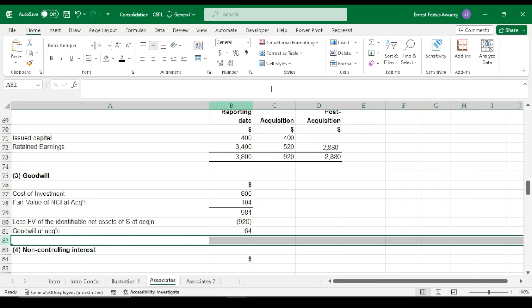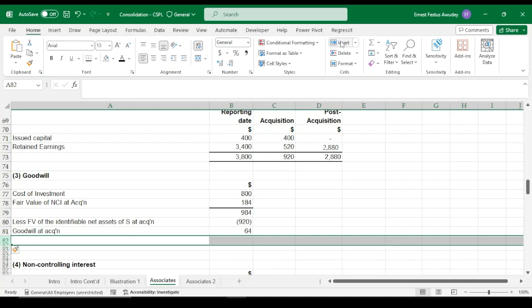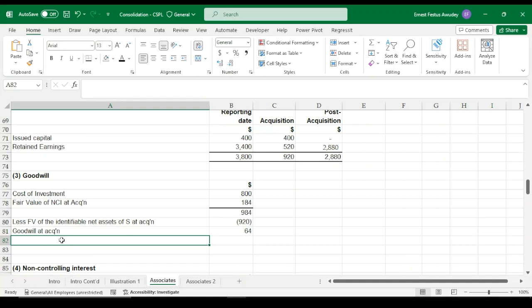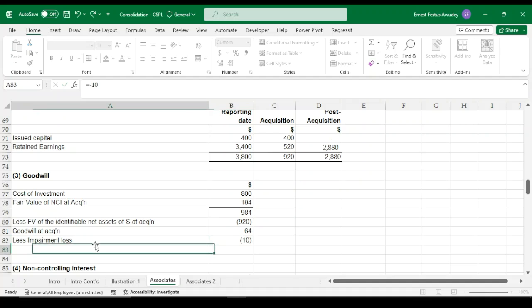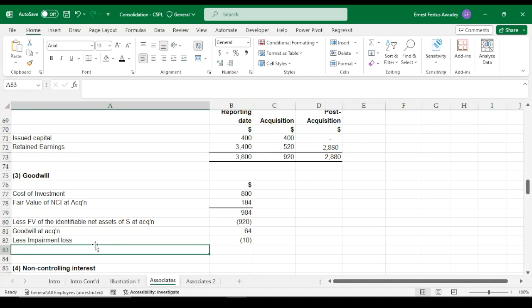And that gives me my goodwill at acquisition date. Now, all right, so now to get the goodwill at reporting date, we are going to less our impairment loss, and that is going to be 10, as we have in the additional information.